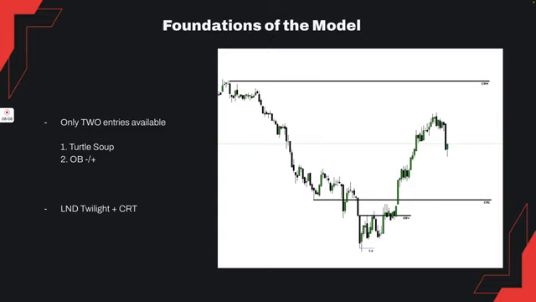There needs to be a CRT souped from the times of 3 a.m. to 5 a.m. As you can see right here, turtle souping the lower time frame turtle soup, order block formed with a close above, tapping into the order block, expanding higher.